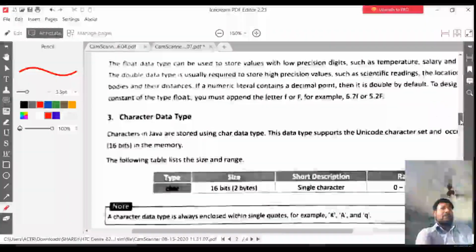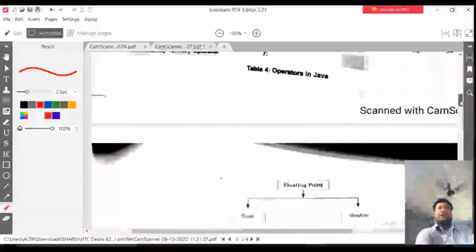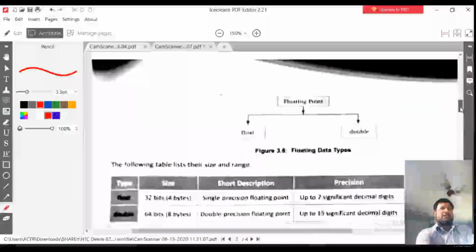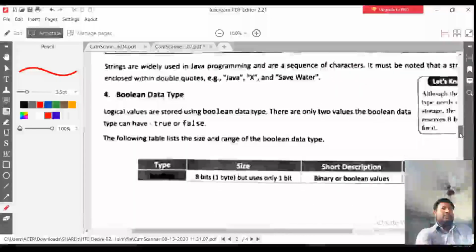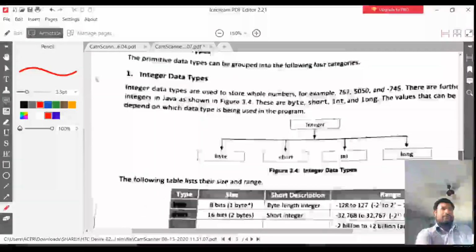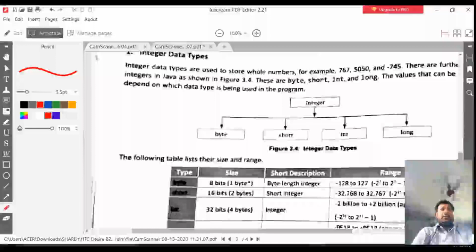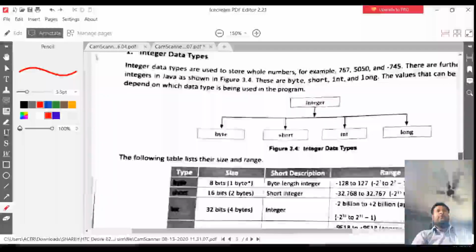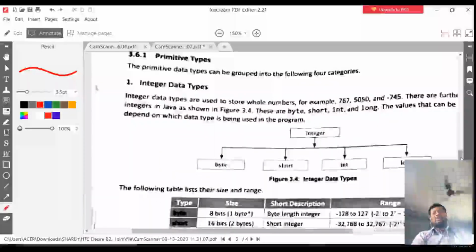If I say character, then how many values will a character contain? You can say a character will have only one value. If I say float, then how many values can a float have? A float can have only one value. So these all come under primitive data types.